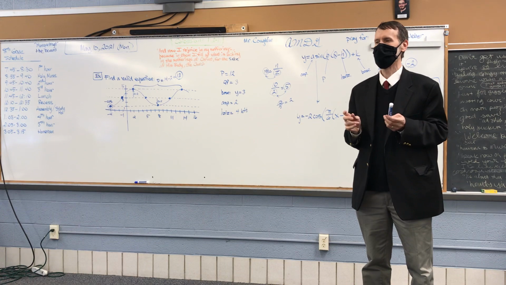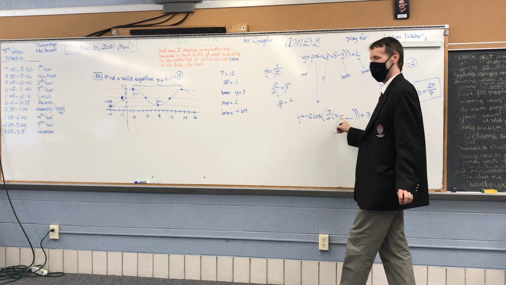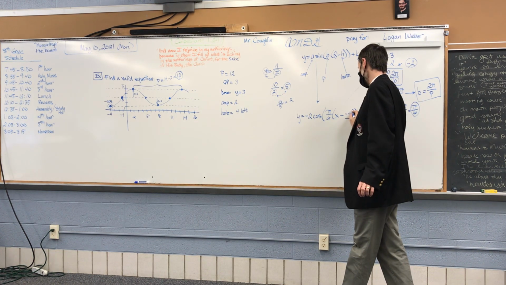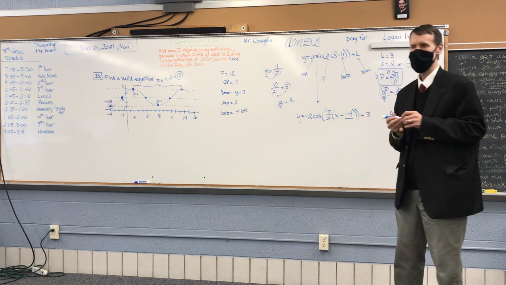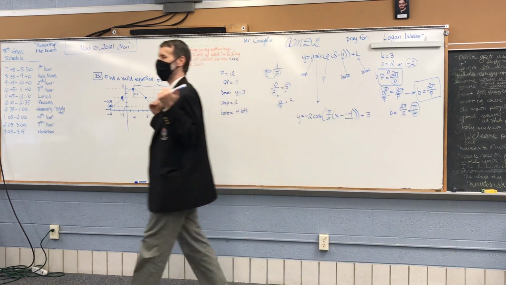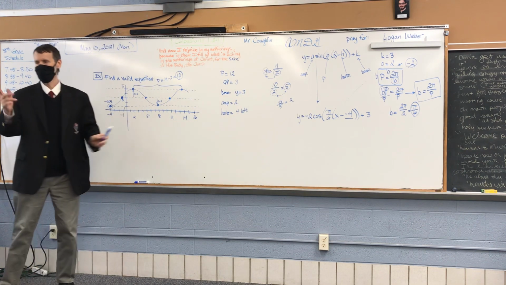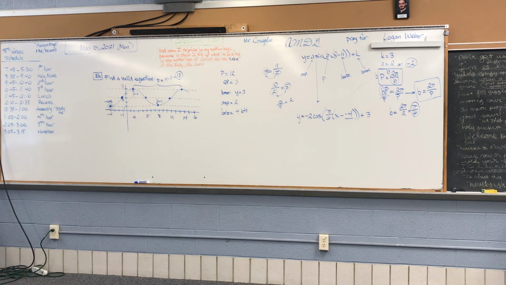It's relatively easy. Negative 4. Yes. This is supposed to be a minus. Look up here. X minus negative 4. You have just found the equation of the graph. If you graph that on a graphing calculator, it would mimic this perfectly.